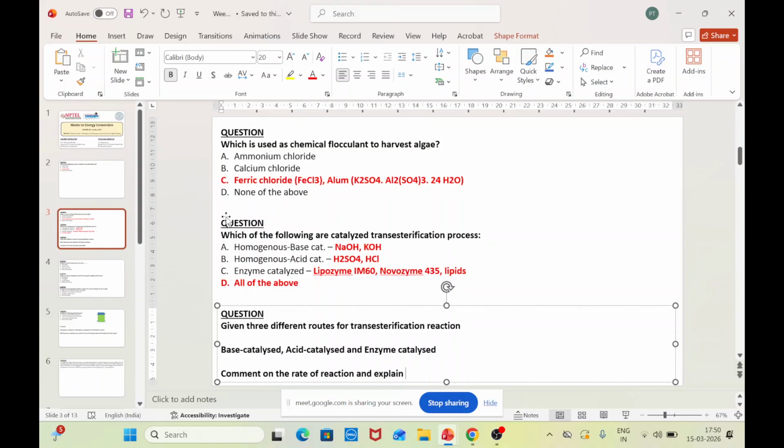So let me give out the answer. I think some of you can help me explain why this order is observed. So base catalyzed is greater than acid catalyzed than enzyme.